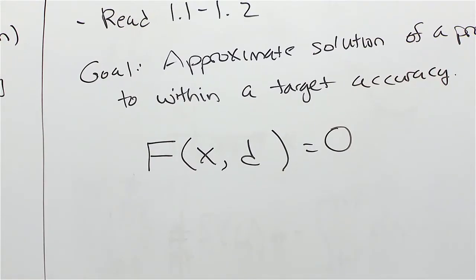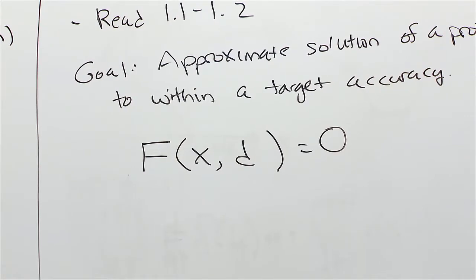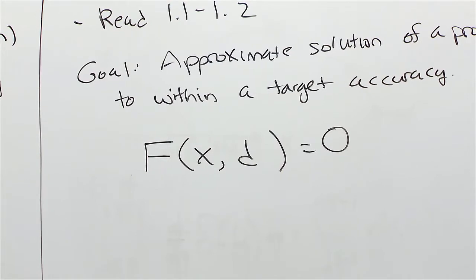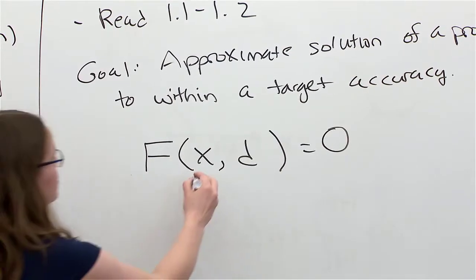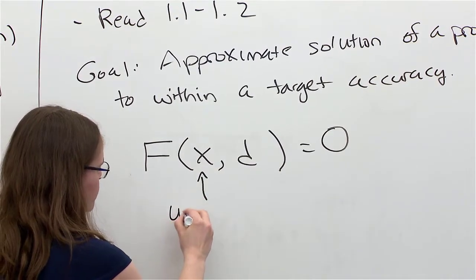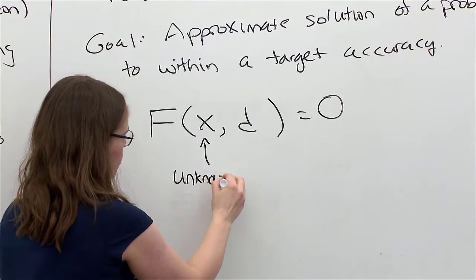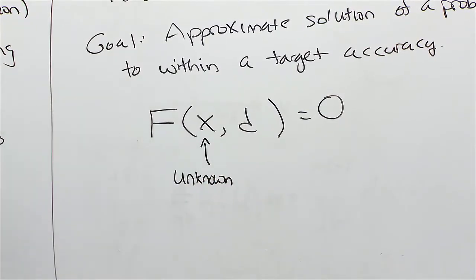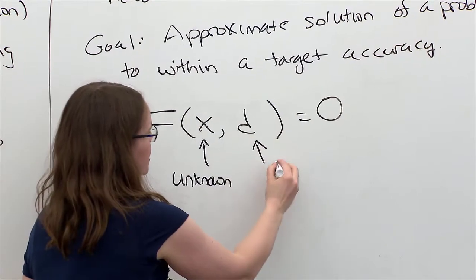Okay, f is some kind of operator. It might be a nonlinear function, it might be a differential equation, it might be some complicated combination of these things, we don't know. x is the thing we want to solve for. Maybe it's the density of a fluid in a nozzle. Maybe it's how much steel I was supposed to put into a beam. Could be all kinds of things. And d is the data I'm given.